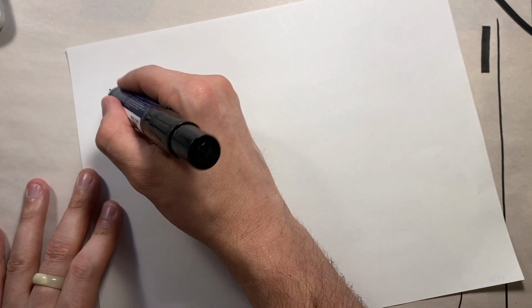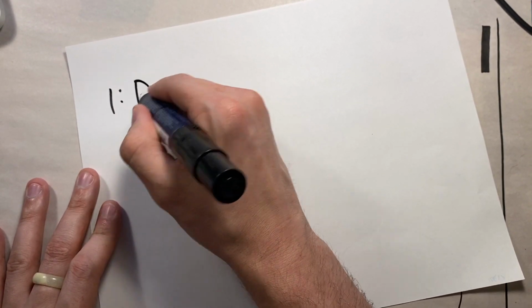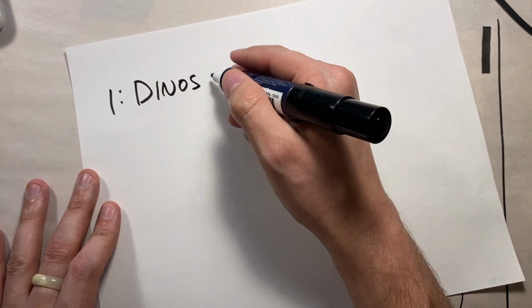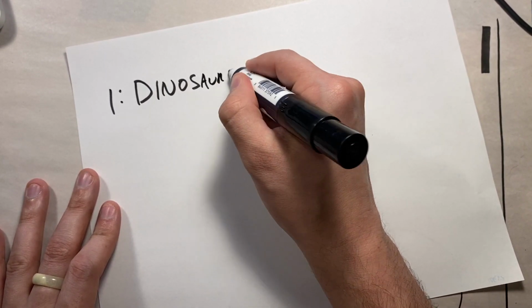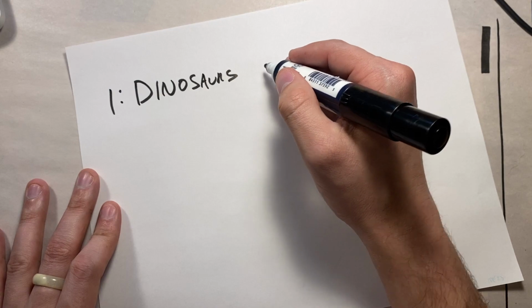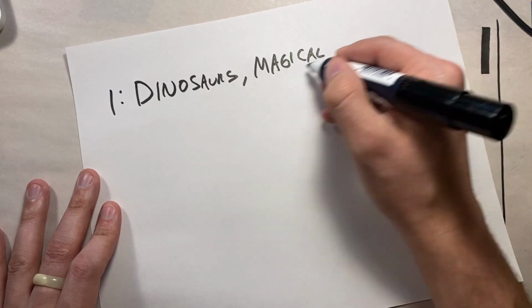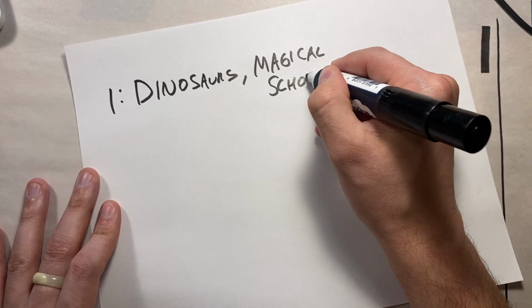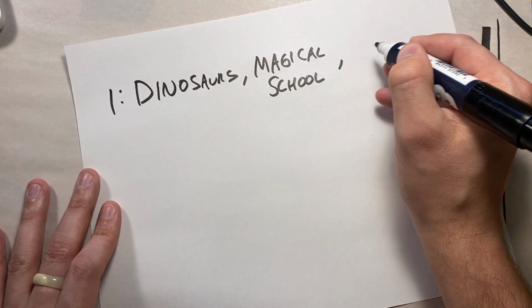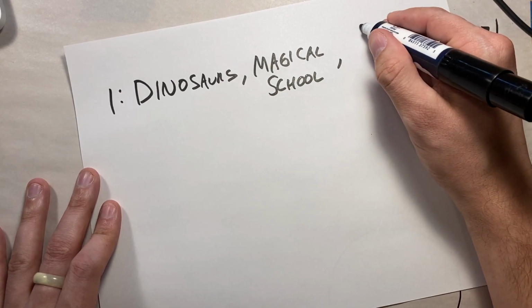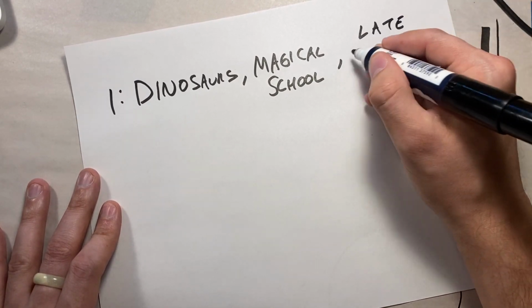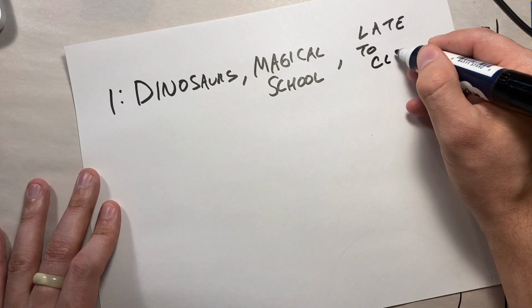So, number 1, I drew dinosaurs as the characters, a magical school as the scene, and then for the conflict, late to class.